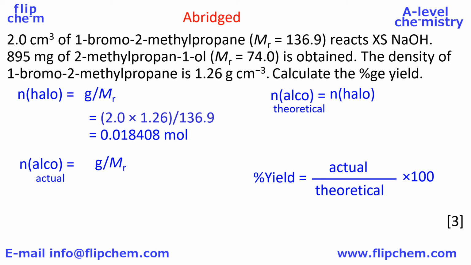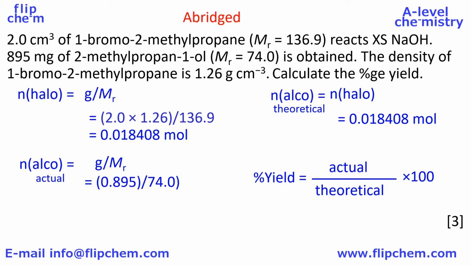I don't want to get any rounding errors in process, so a couple of extra decimal places I'm using for my in-process results. Theoretically, as it's a 1-to-1 reaction, you'd expect to get the same amount of the alcohol. The actual amount of the alcohol is given to us by mass over molar mass. Now there's a conversion.